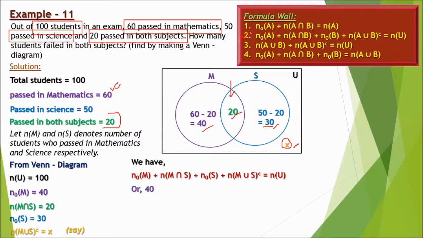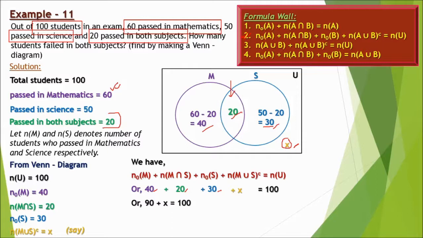Only m is 40, intersection is 20, only s is 30, and complement is x, which is equal to 100. So if we add 40, 20 and 30, we get 90. 90 plus x is equal to 100.